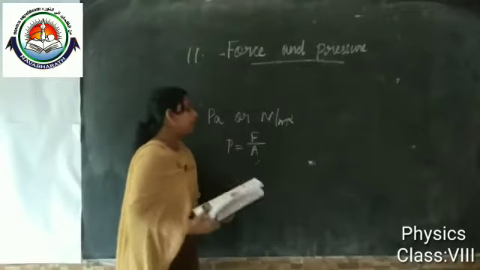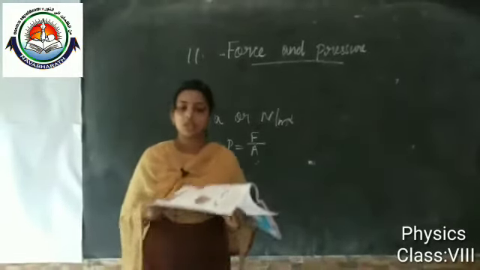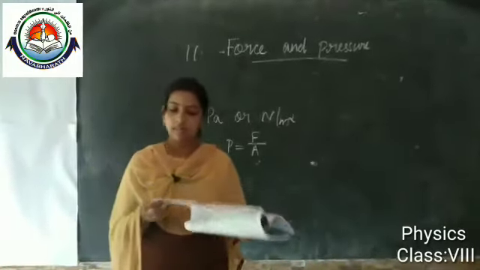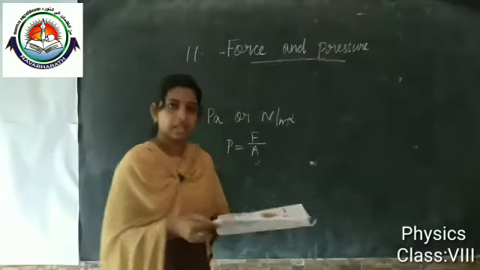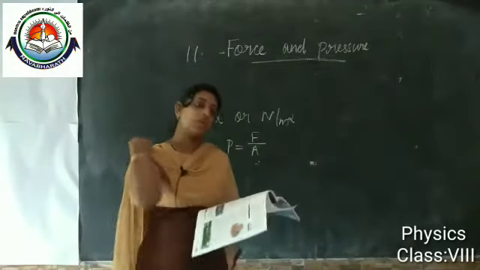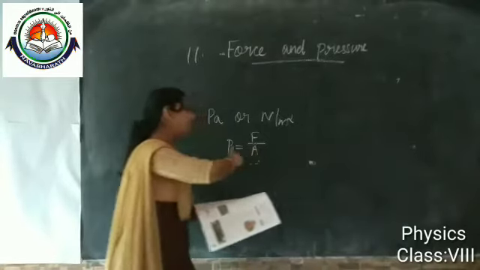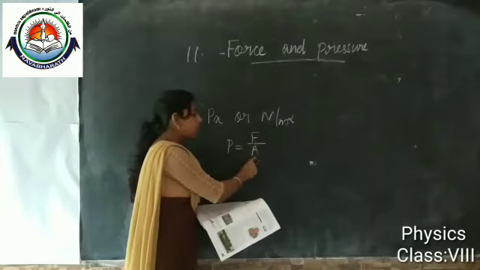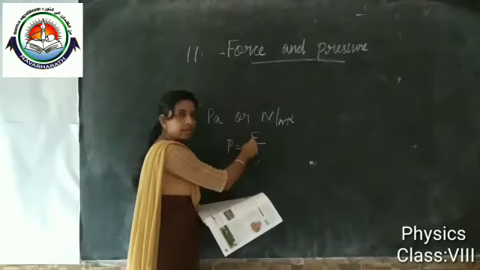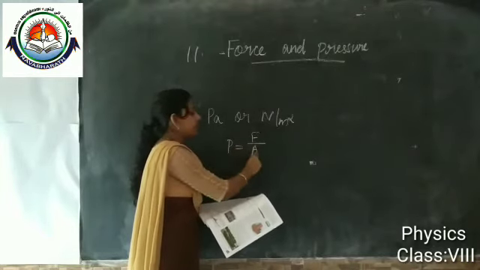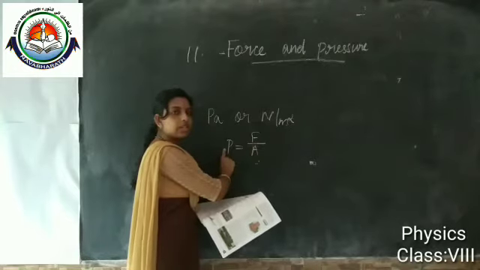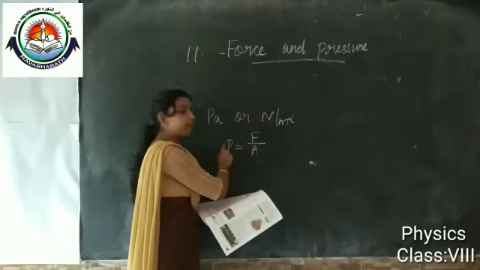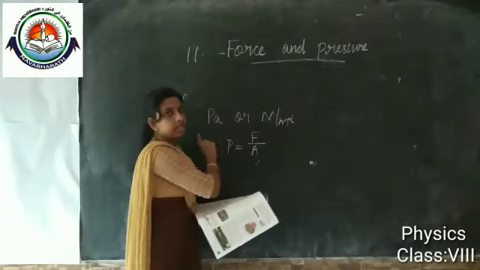In the case of army tanks, you have the answer in your textbook itself, but otherwise in exam times you only need to learn this formula. Inverse means when area increases, pressure decreases, and when area decreases, pressure increases. That is the key factor.